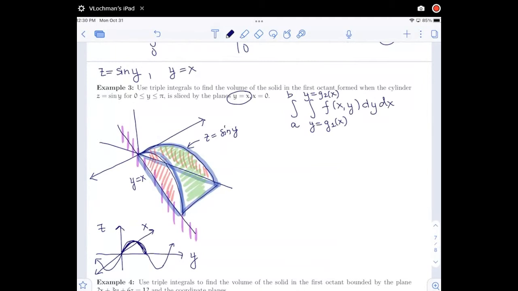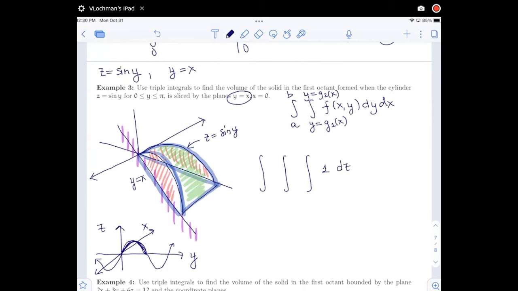A very similar situation here, except now the way I think about it is I go from surface to surface for the integral, and then from curve to curve, and then from point to point. So now my inner limits are these walls, they're surfaces. So I'm going to integrate 1. I'm going to go in the z direction.